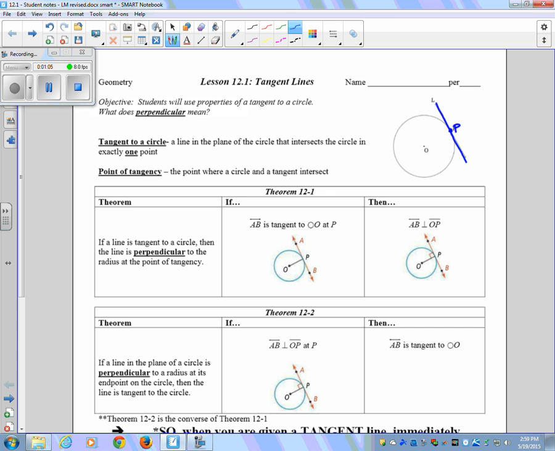You may have heard the phrase "going off on a tangent," like if we're in class and you try to get me talking about something that has nothing to do with geometry. That's called getting off on a tangent.